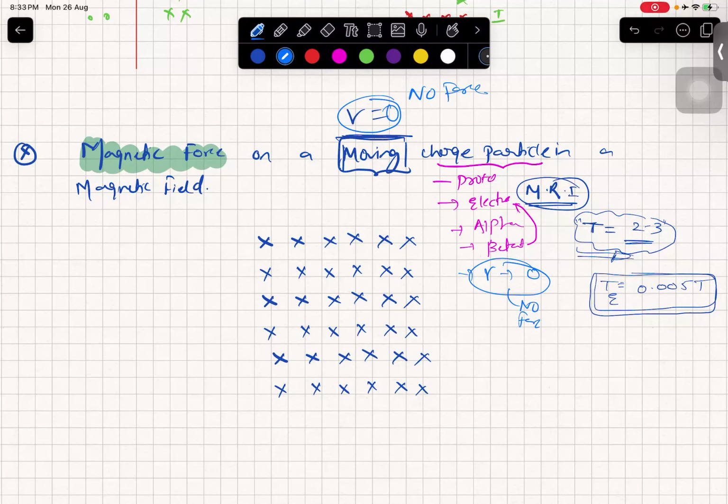Let's see. I'm going to set up the charge over here. This is the charge Q, and it is thrown with the velocity v, in meters per second. The charge is moving through the field. When this charged particle enters, it won't go straight.